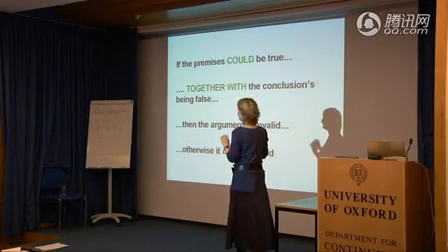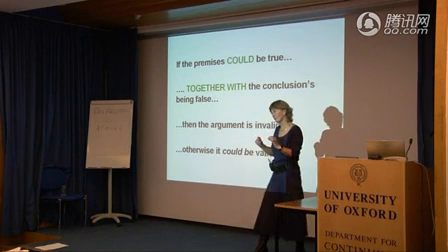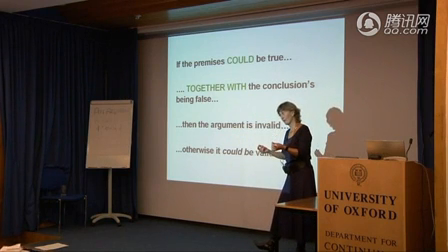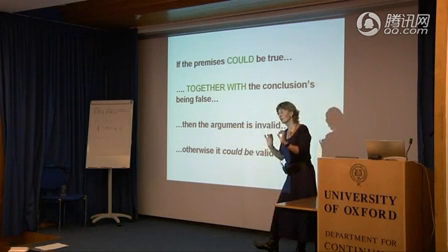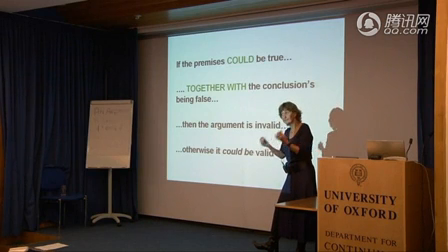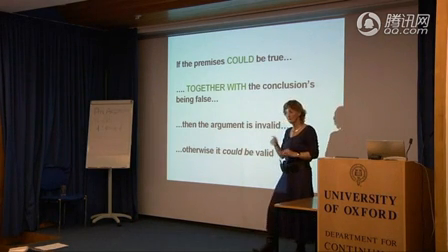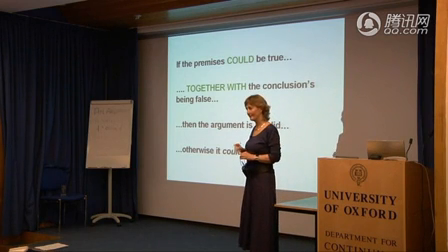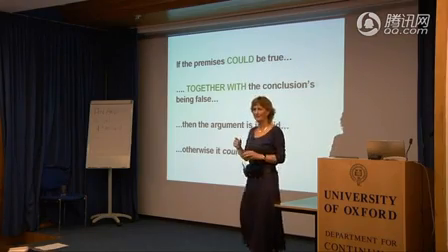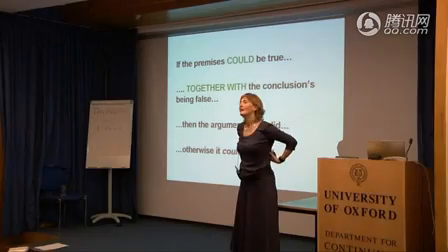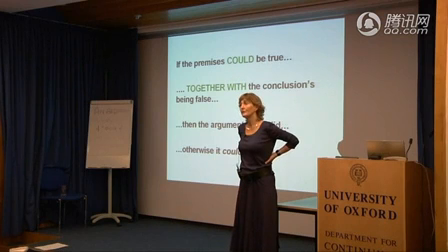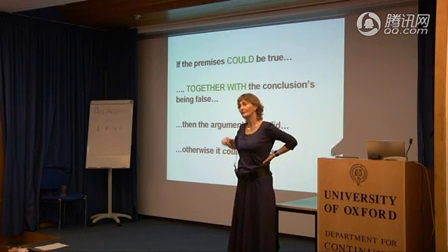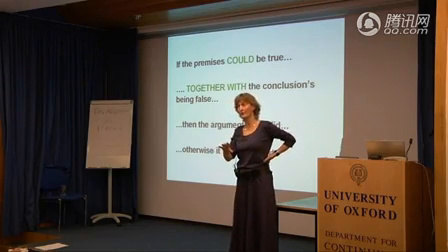So if the conclusion could be false together with the premises being true, not just that if it is the case, if it could be the case, then the argument is invalid. Is that right? Sorry, I lost track myself there. Yes, because it's only deductive arguments that are truth-preserving, where the conclusion is guaranteed by the truth of the premises.